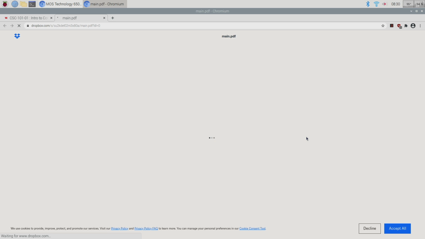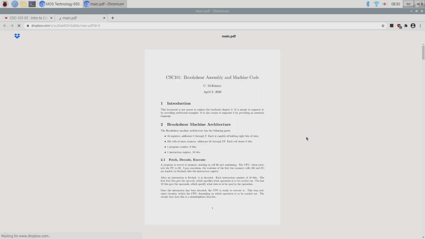This is going to take a second to load, and I'll put a link to this on Canvas after class. I've written some pretty extensive notes about this that go into a lot more detail than the book does. This Pi is really slow today. This file lives in Dropbox, and I link to the actual version of it, so as I update it, it is live on the internet.